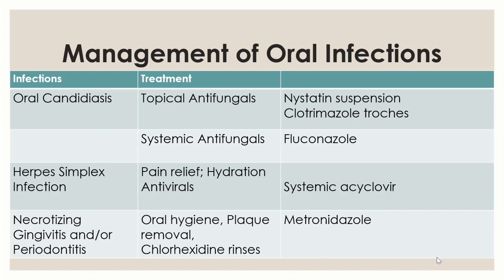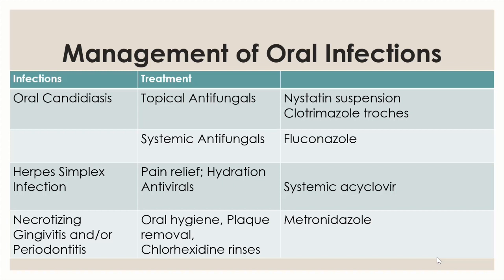Candida infection must be treated promptly and vigorously in any patient with immunodeficiencies. For oral candidiasis, nystatin troches or oral suspensions are effective. If the candidiasis fails to respond to nystatin therapy, clotrimazole oral troches or systemic fluconazole may be indicated.